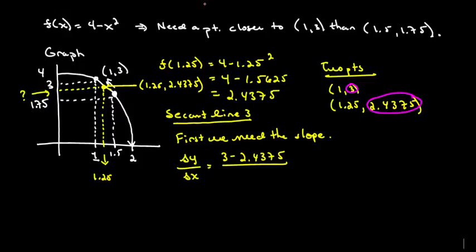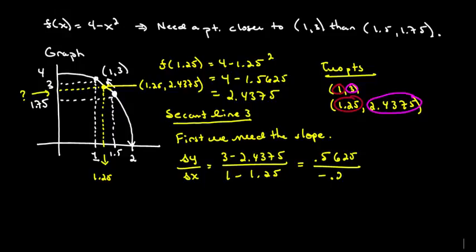Now we have to be consistent. We used the top point first, so we have to use the top here. So we're going to go 1 minus 1.25. Now the rest of this is just computation, but what you should realize is that the slope is negative. So when I do my computations out, I need to get a negative value. If you mess up the order, you're going to end up getting a positive value.